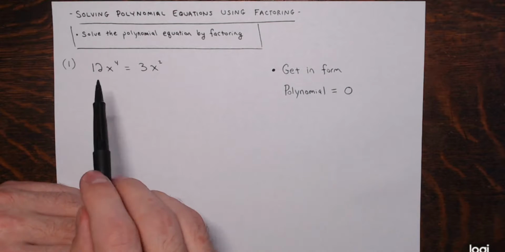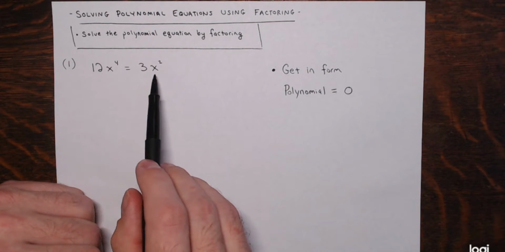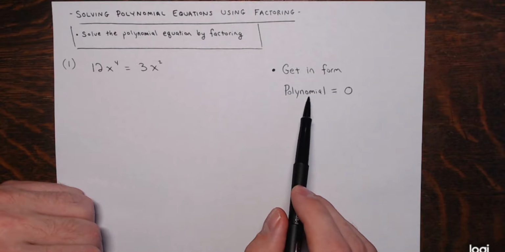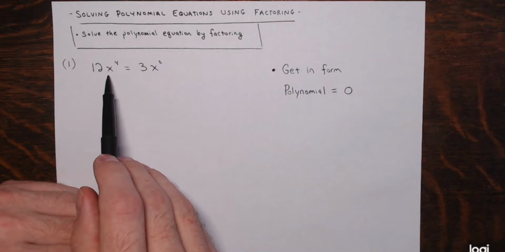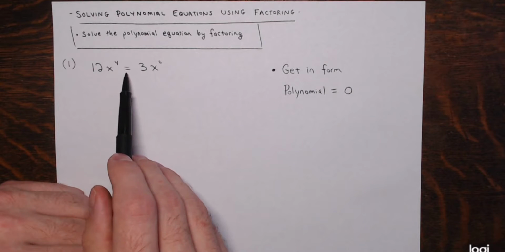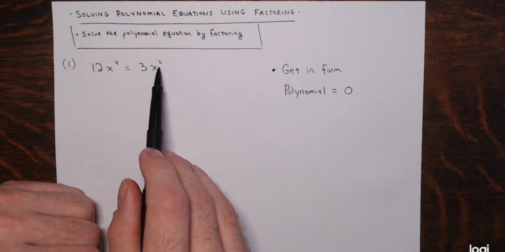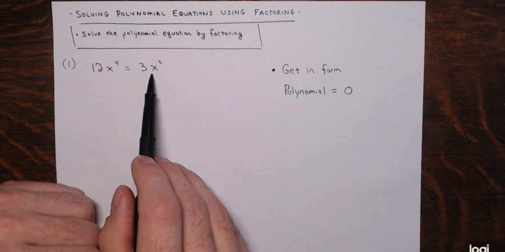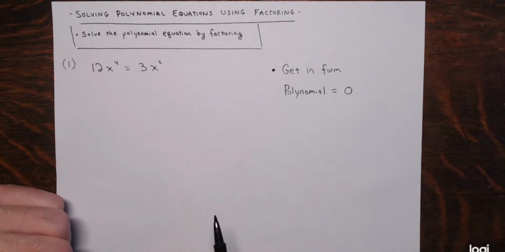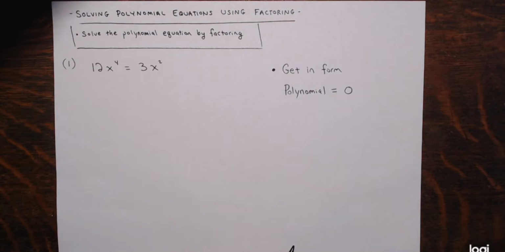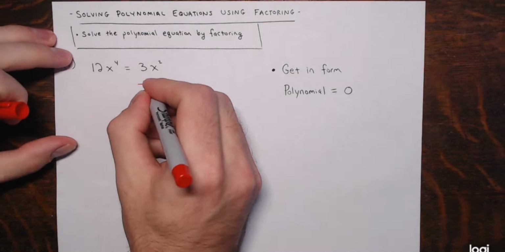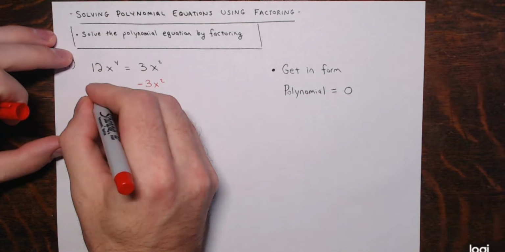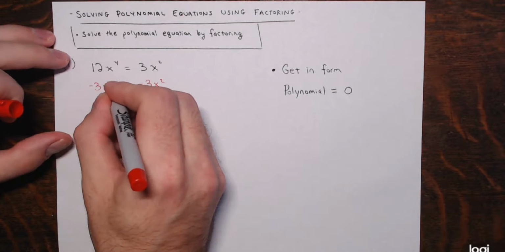Right, so this particular equation here is not in this form yet, but I can very easily get it that way. We have 12 times x to the 4th power equals 3 times x squared. So what I'm going to do is subtract the 3x squared from both sides. So minus 3x squared, minus 3x squared.